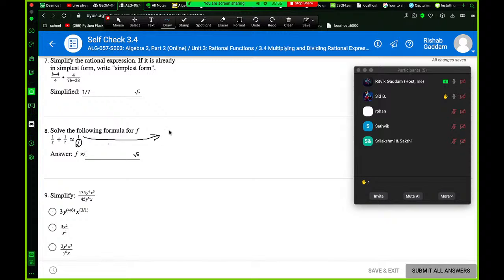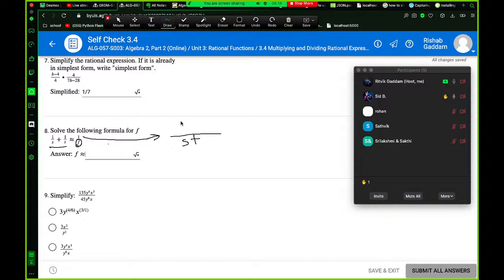Yeah, sure. What we first do is add 1 over s plus 1 over t. When you do that, you have to find a common denominator, and to find that, you have to multiply s and t. So that would go on the bottom.